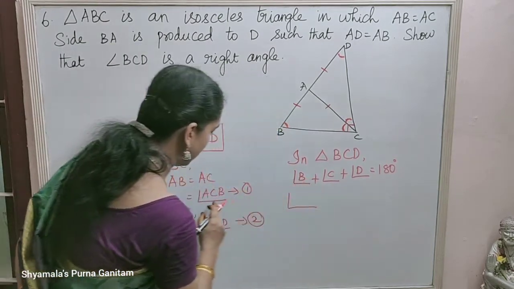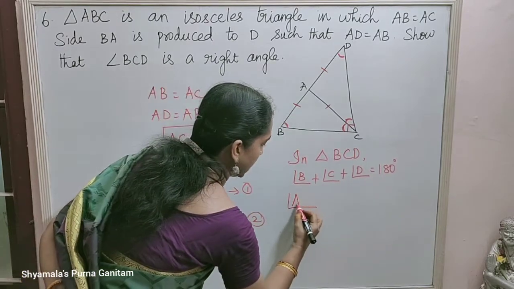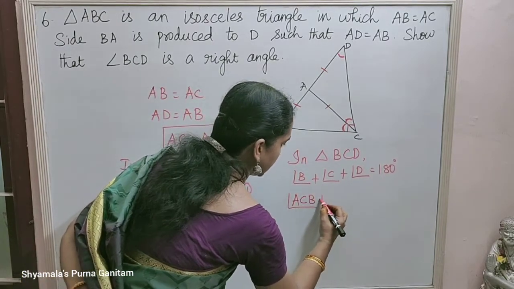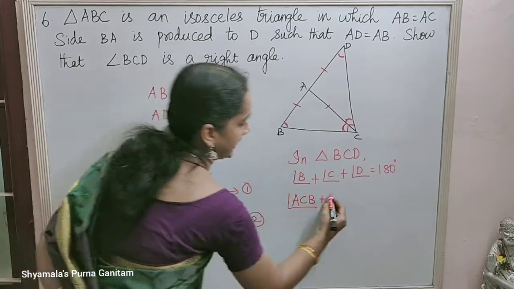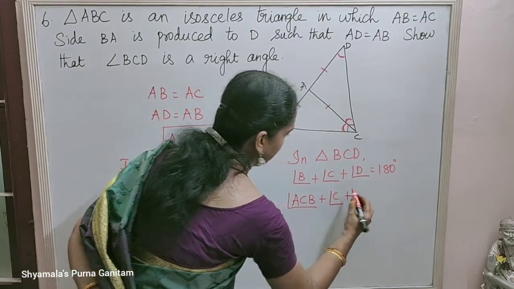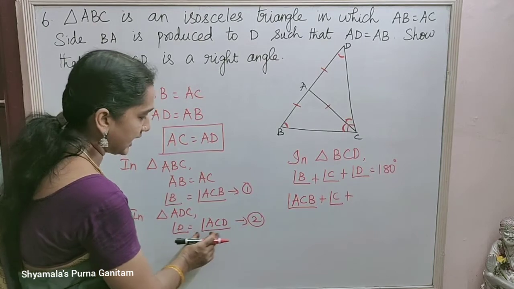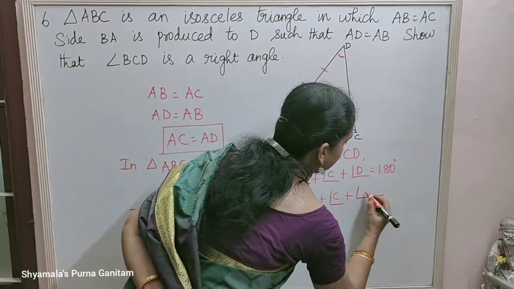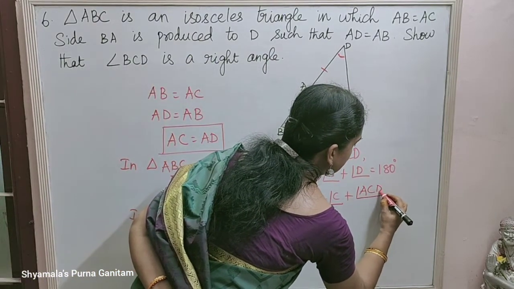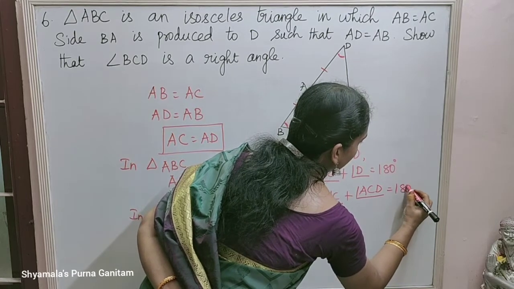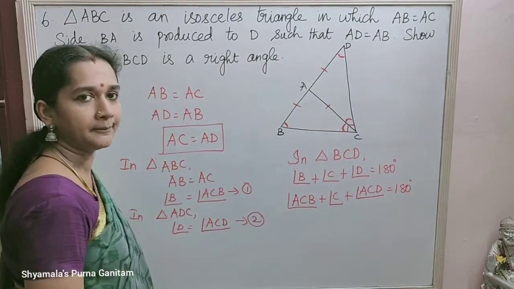So instead of B, I substitute ACB, keep C as it is, and instead of D I write ACD. So this is equal to 180 degrees.